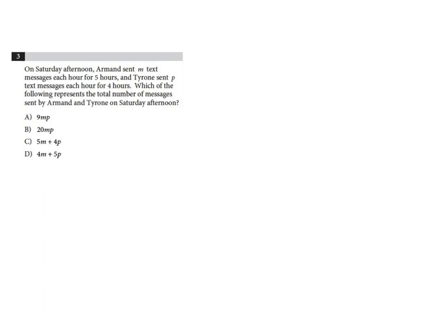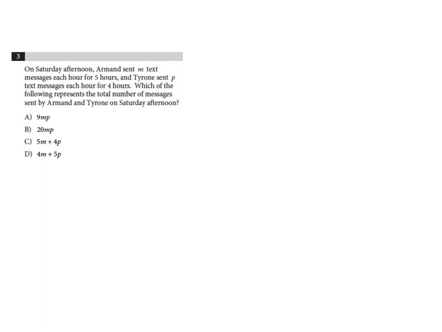Okay, for this problem, on Sunday afternoon, Armand sent M text messages each hour for 5 hours, and Tyrone sent P text messages each hour for 4 hours. Which of the following represents the total number of messages sent by Armand and Tyrone on Saturday afternoon? The number of text messages is just going to be the number that Armand sent plus the number that Tyrone sent.